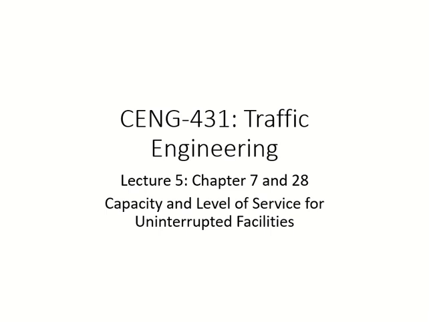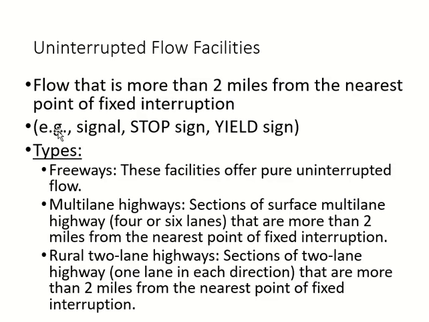Okay, now we will move to the next topic, which is highway capacity and level of service analysis, taken from chapters 7 and 8 of the textbook. So this chapter deals with the analysis of uninterrupted flow facilities. So these are the facilities which don't have intersections, but there are some facilities we can count as uninterrupted, but they have intersections, and this is possible if the intersections are very far from each other.